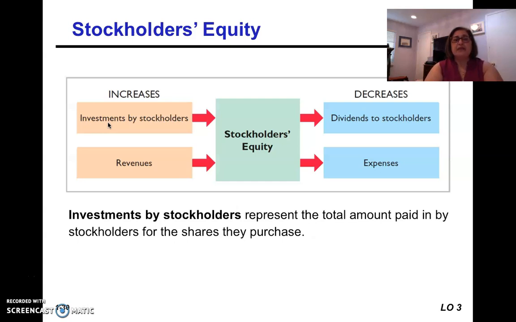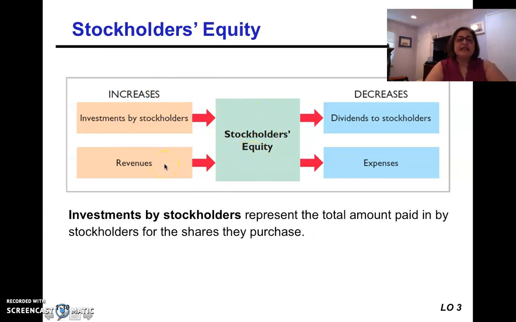That piece of paper is called common stock. Every corporation has common stock, and a corporation can be owned by only one person, so that person could be 100% owner. So investment by stockholders or owners normally always increases stockholders' equity, what belongs to the owners.